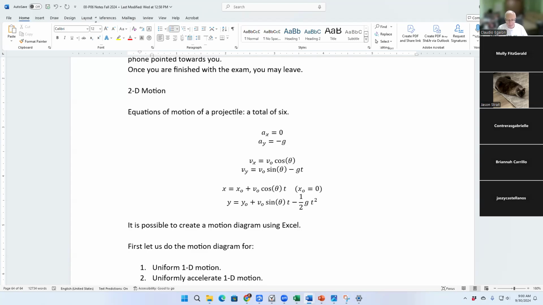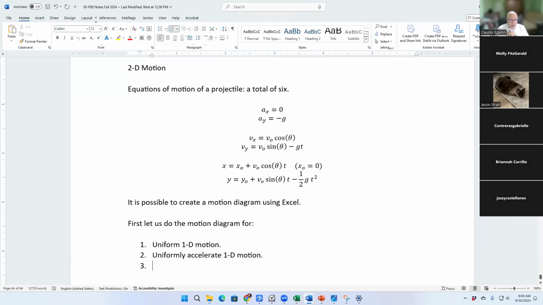So you can have a feeling how this works, right? We're going to do also free fall motion. Free fall. I'm going to emphasize that is 1D motion. And then projectile motion, 2D.